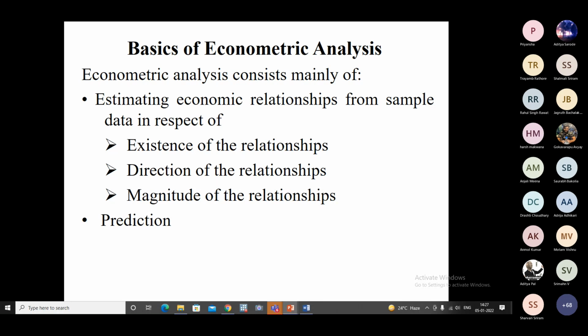The second part is basically forecasting and prediction. We'll discuss a part of prediction here, but mostly we'll discuss prediction and forecasting in econometric analysis 2, particularly when we discuss time series econometrics.